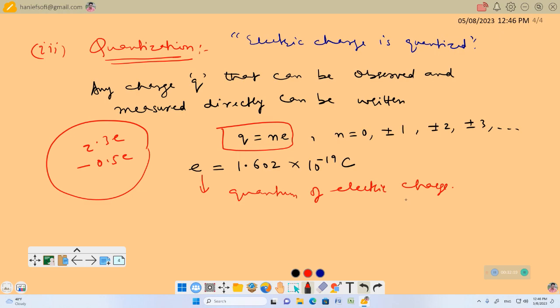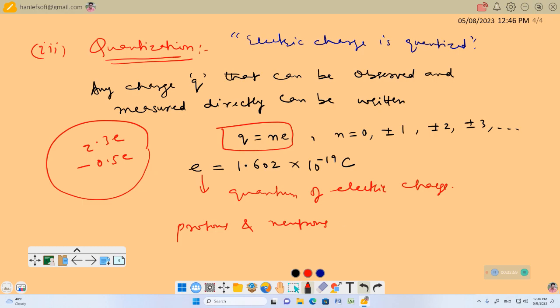Now, don't get confused. Some people get confused with this quantization. They say there is no quantization when they talk of the internal structure of protons or neutrons. Remember, protons and neutrons make up the nucleus, and they are made up of quarks. And the charge assigned to quarks is a fraction of e.